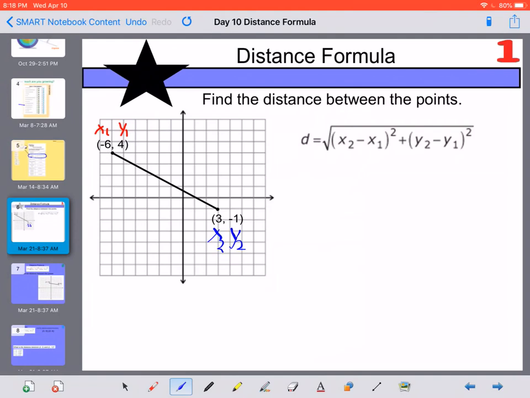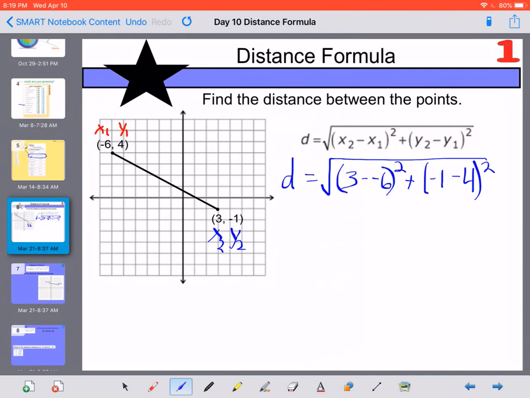So if we put this into our distance formula, d is going to equal the square root of x2, which is 3, minus our x1, which is -6, squared, plus our y2, which is -1, minus our y1, which is 4, squared.